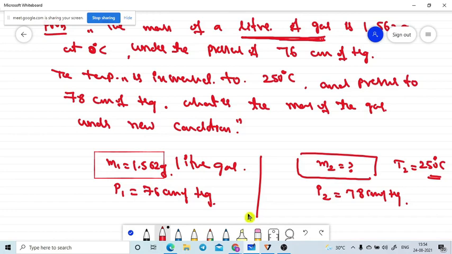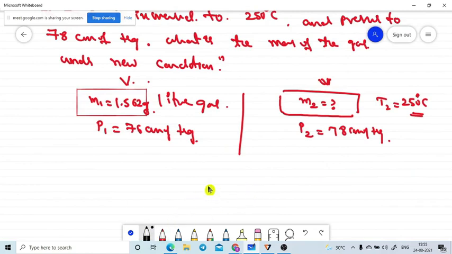But what is the formula behind this? They are indirectly telling us that volume is constant but the temperature is rising. Volume constant and temperature changing means some relation is there.